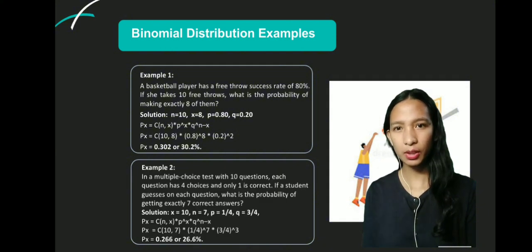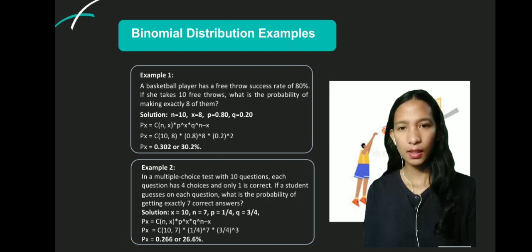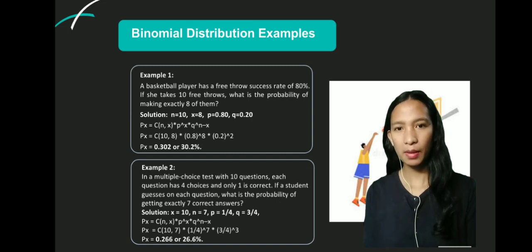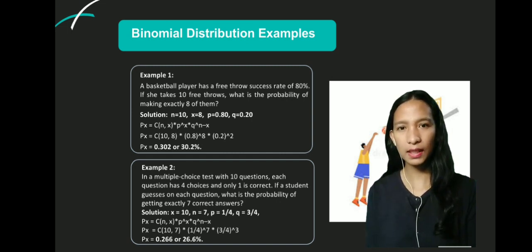We have a multiple choice test with 10 questions, each having 4 choices with only one correct answer. If a student guesses on each question, we want to calculate the probability of getting exactly 7 correct answers.